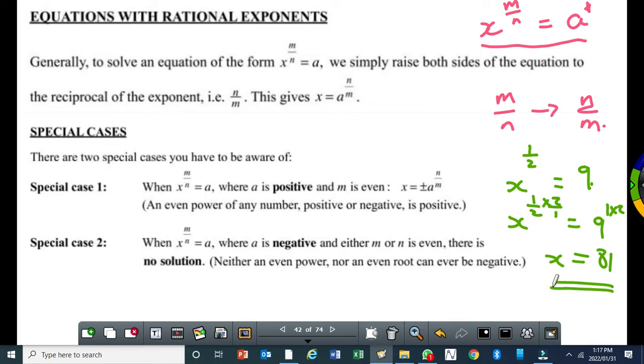Like in this case here, our numerator m is an odd number, but the denominator is even. When you swap them, you end up getting the denominator as being even. That has an influence on your answer. So when a is positive and m is even, you always get two answers, a positive and a negative.